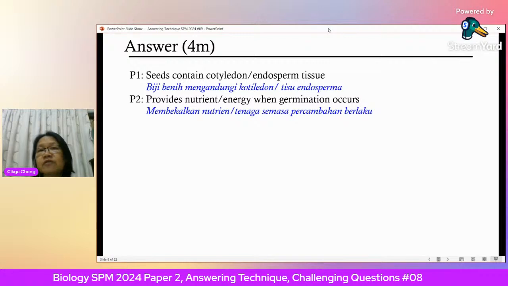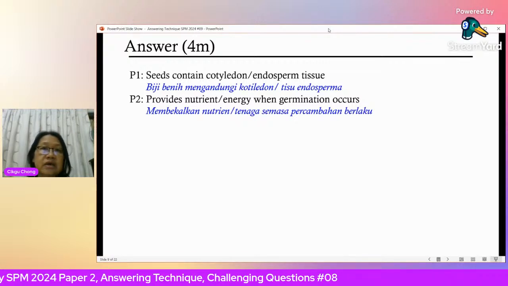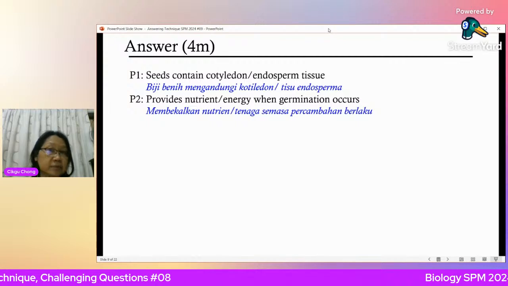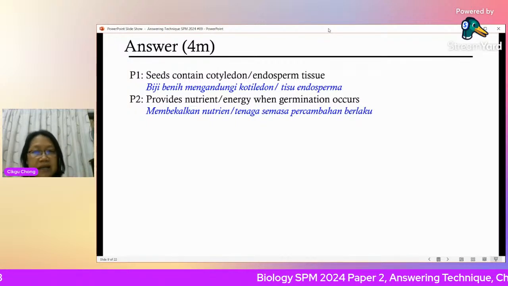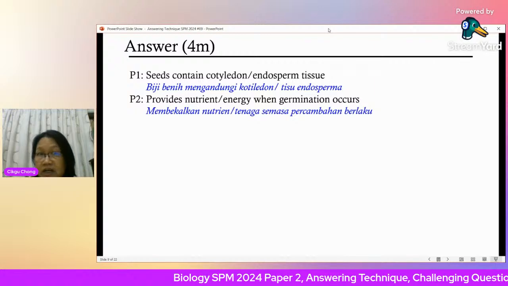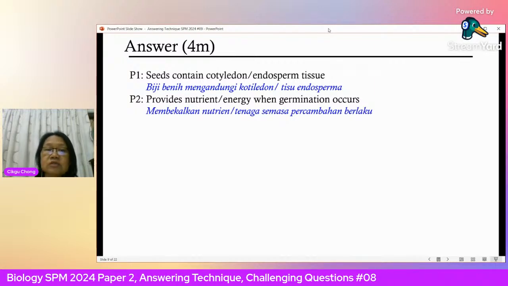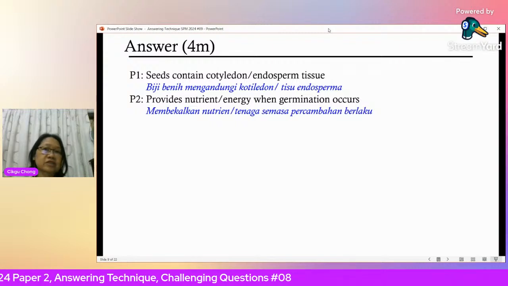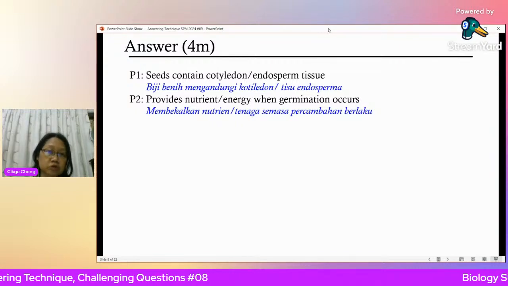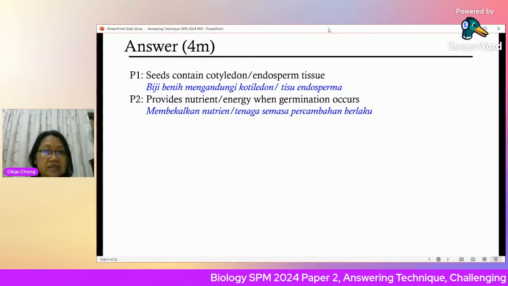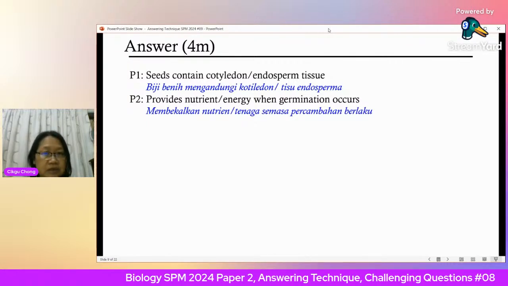Germination involves a lot of cell division. And in order for cell division to occur, you need to produce ATP in order for the chromosomes to divide and get the cells to develop. So you have to have energy. And how do you get energy? You must have nutrients. Energy comes from nutrients. When a nutrient, or carbohydrate, or whatever energy storage is oxidized, you will get ATP.